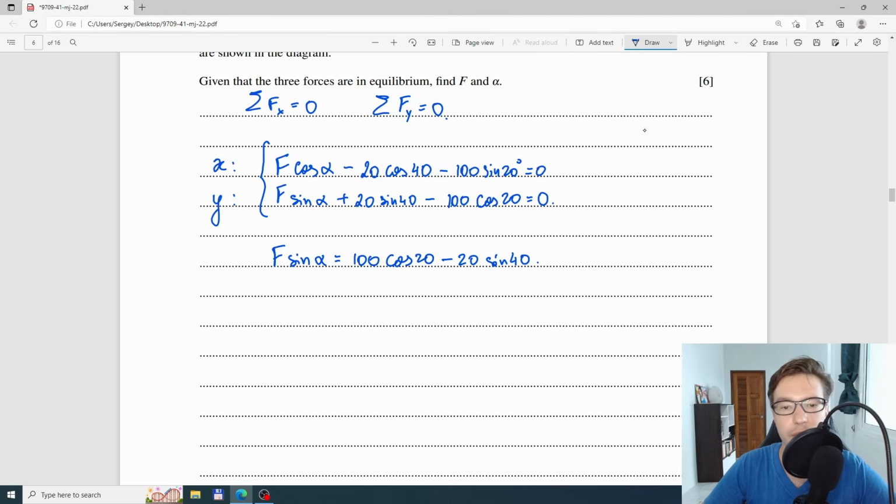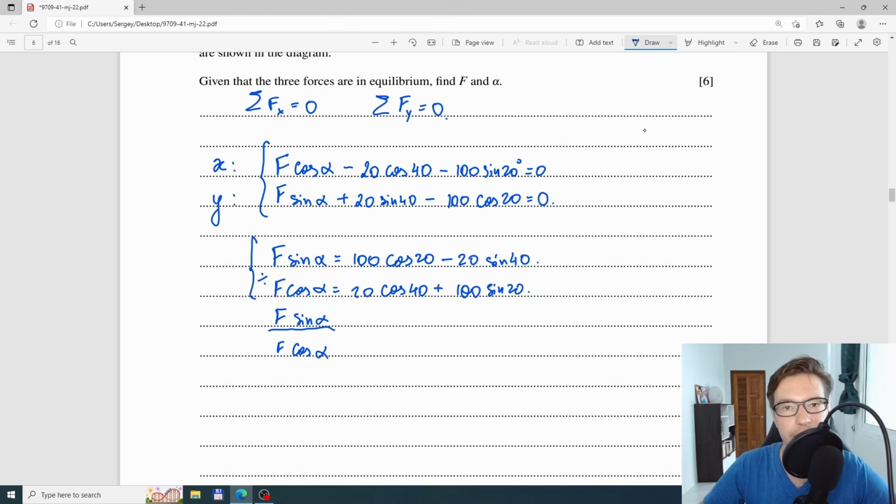Now the equation on top, I'm going to do a similar thing. I will leave F cosine alpha on the left and everything else will go to the other side. Now, why did I do this? That's because if I divide equation on top by equation at the bottom, F will cancel out. So I get F sine alpha over F cosine alpha.